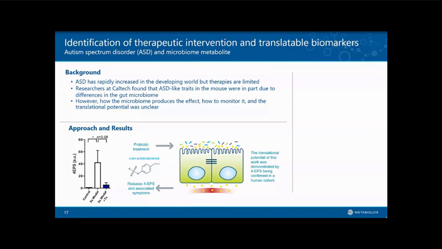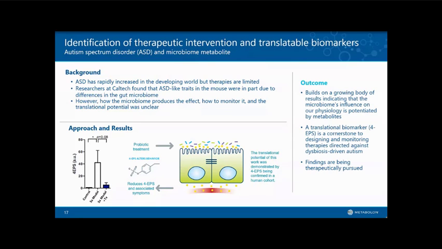So actually it was really important that last year at the International Society for Autism Research, findings were presented on this particular marker in a fairly substantial human cohort that showed that it actually repeated in this particular cohort. So this appears to be a marker that has good translational potential.